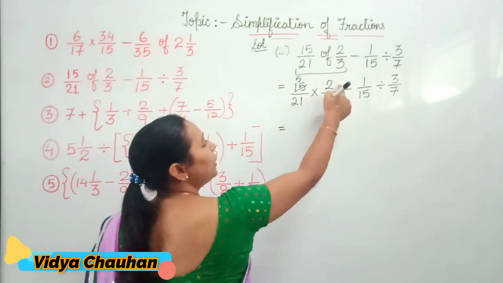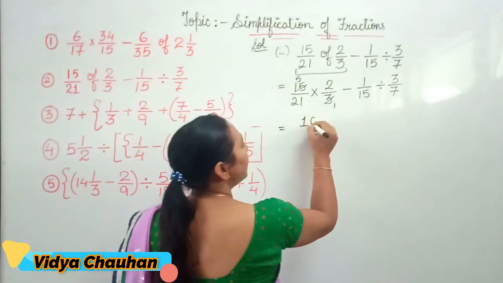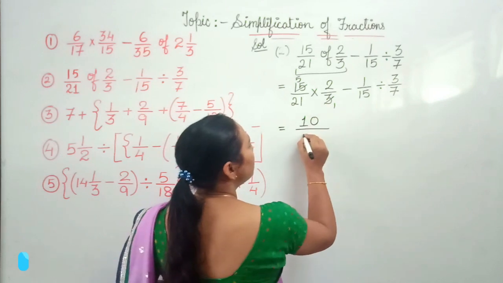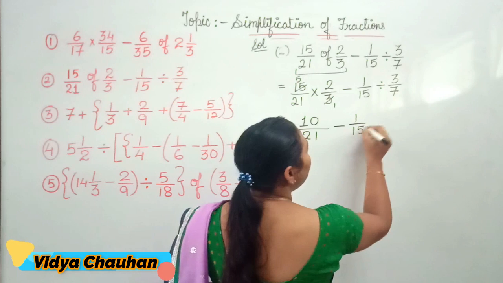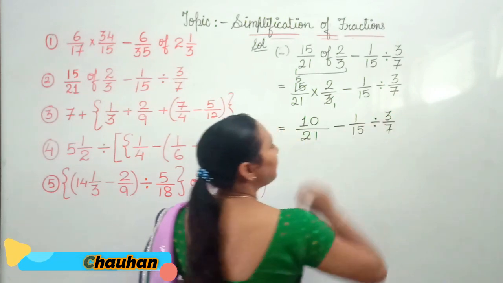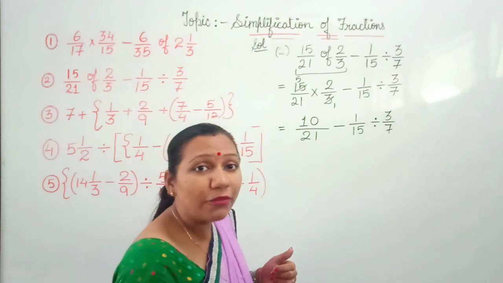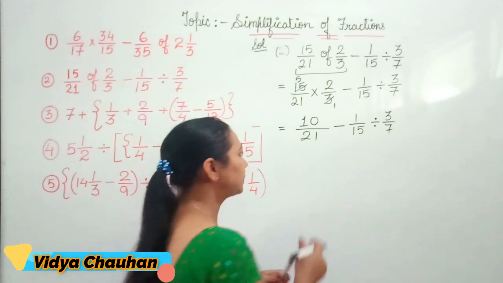Now we cannot simplify 21 and 2, so let us multiply the numerators. 5 twos are 10 and 21 ones are 21, minus 1 upon 15 divided by 3 upon 7. Clear, children? Now in the next step, which operation do we have to apply? We have to solve the division term.